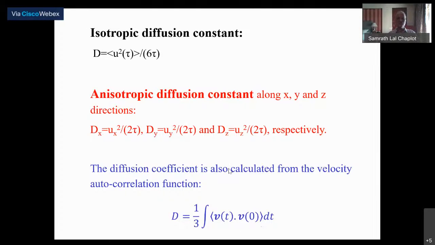If it's a diffusing particle, then its velocity at 0 time and at very large time will be correlated, because there is a net displacement of the particle. So along that direction, you can expect a correlation. This is more rigorously shown, and you can get a diffusion coefficient this way also.